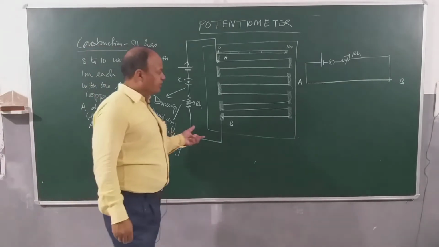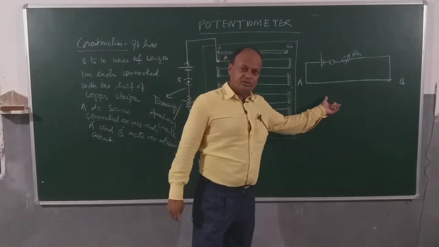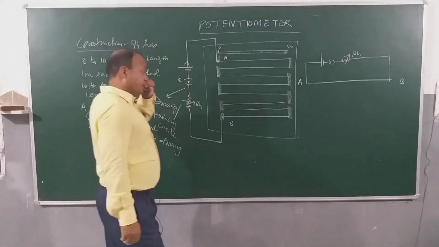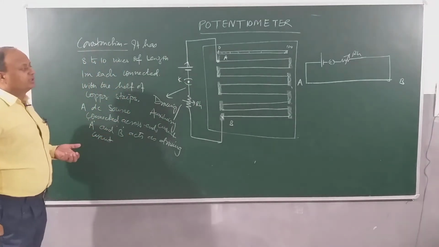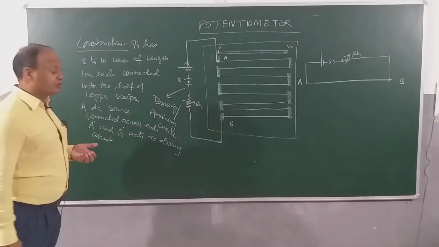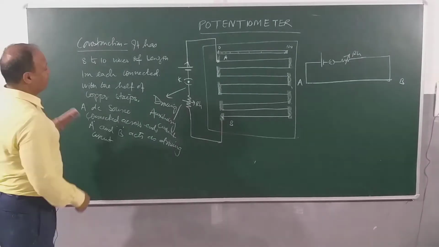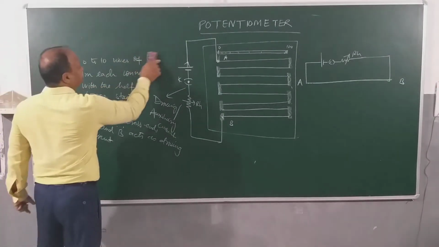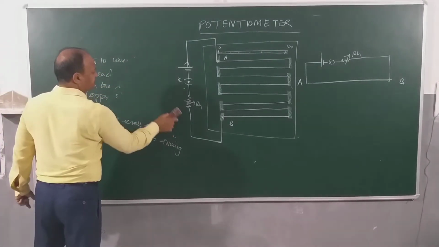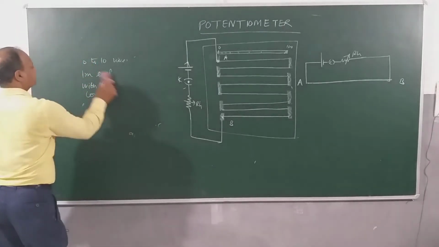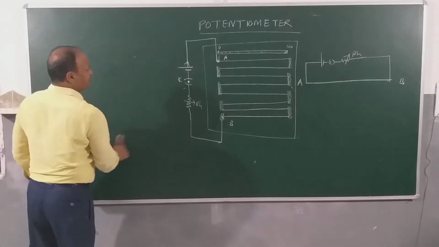If you have difficulty drawing this in the exam, you can just draw this one also, right? Now we will be seeing applications of this device. What is the application? It has two applications. One is applications.